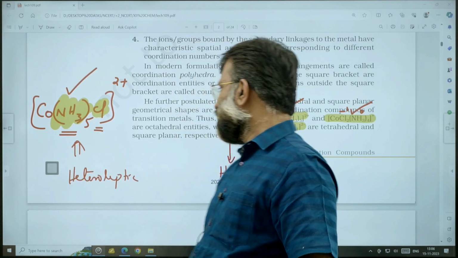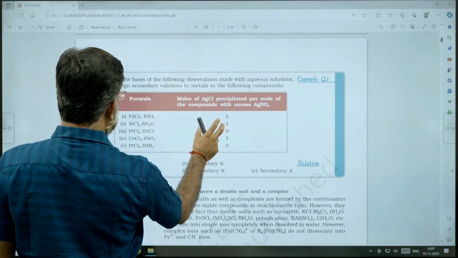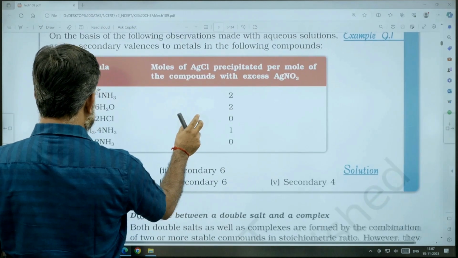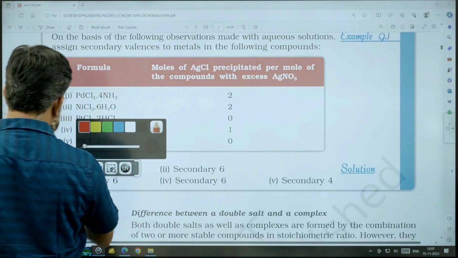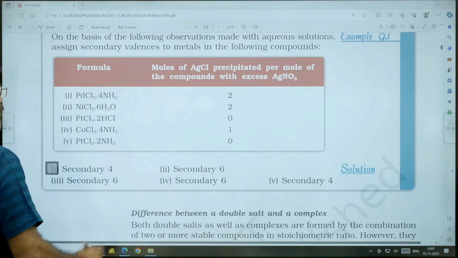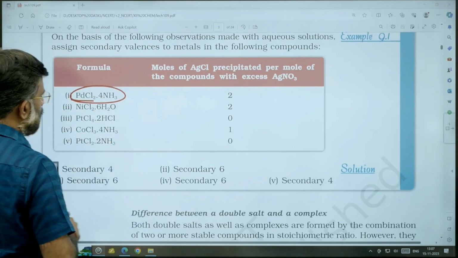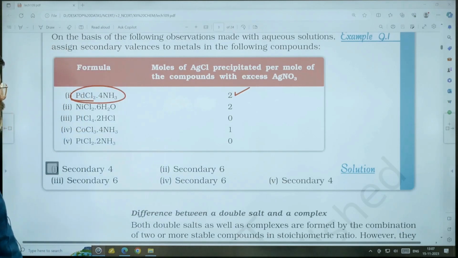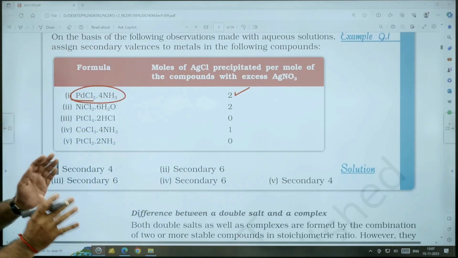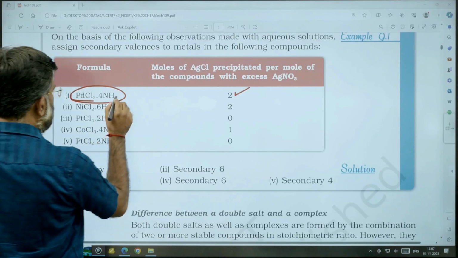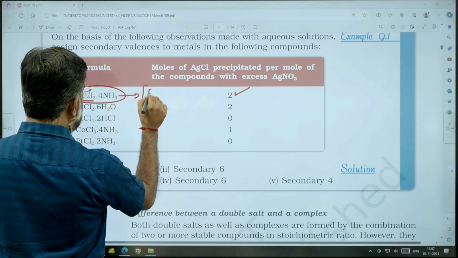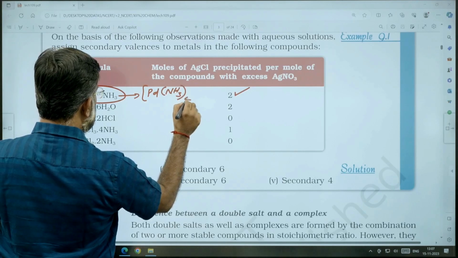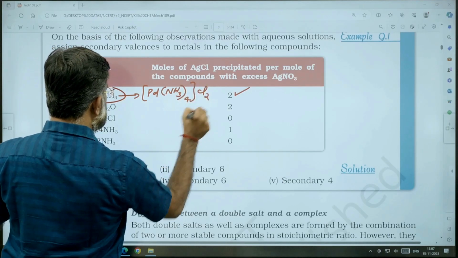There are a few beautiful examples like this, for which you must also try writing the formula. For example, this complex, when treated with excess silver nitrate, gives 2 mole AgCl precipitate. What will be the formula of the complex? Very simple. It will be [Pd(NH3)4]Cl2.